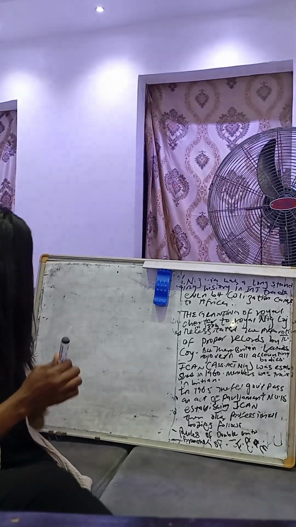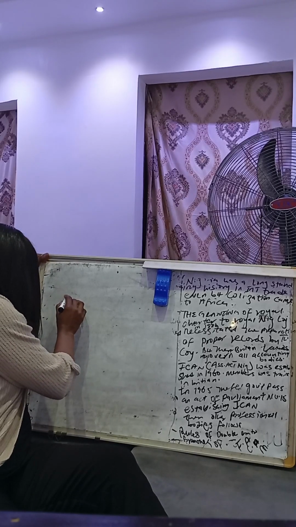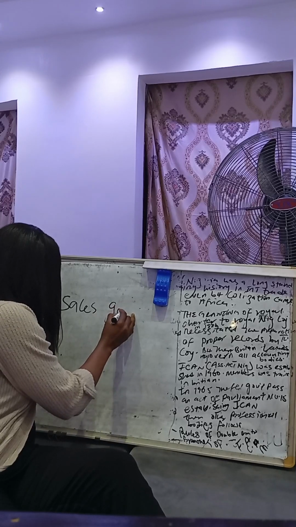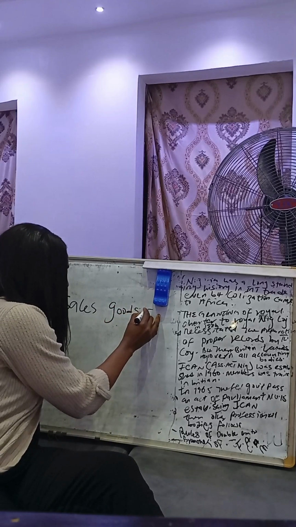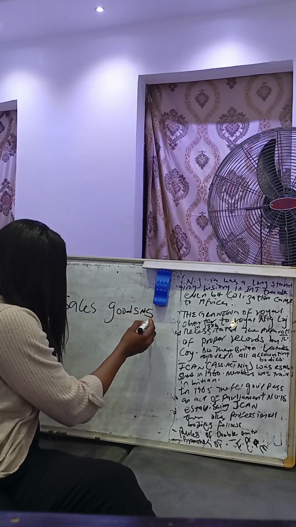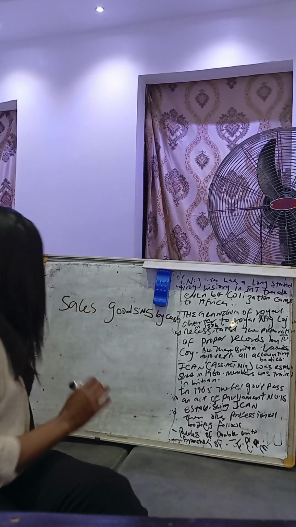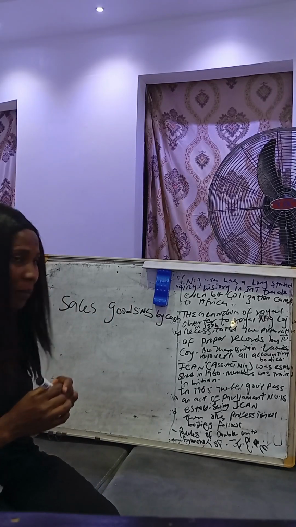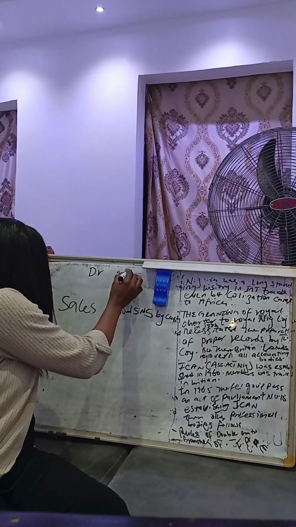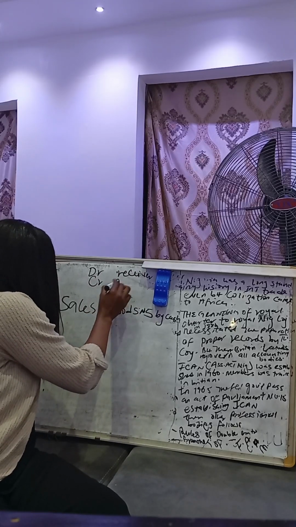For example, sales goods, 5 naira by cash. Remember the rules: debit the receiver, credit the giver.